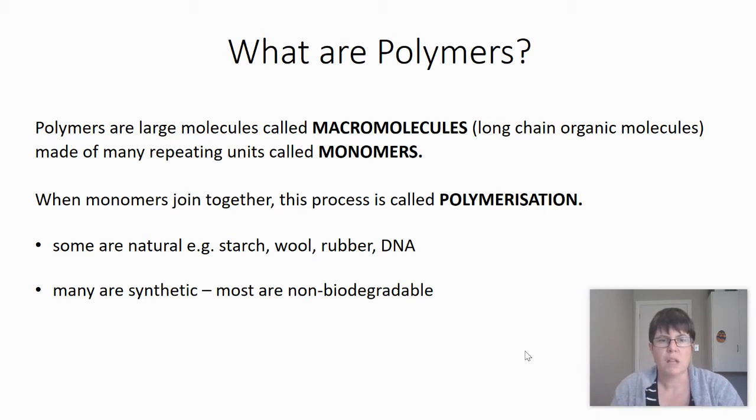There are lots of natural polymers, and some examples are starch or cellulose, wool, rubber, DNA, and other big long chain molecules. There are also many synthetic polymers, and most of these are non-biodegradable. We generally know those as plastics.